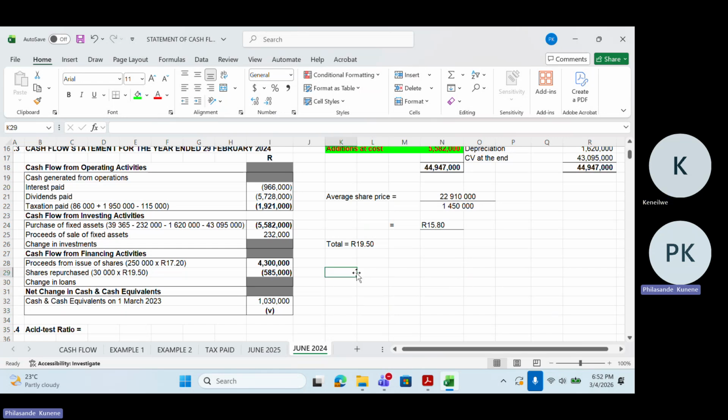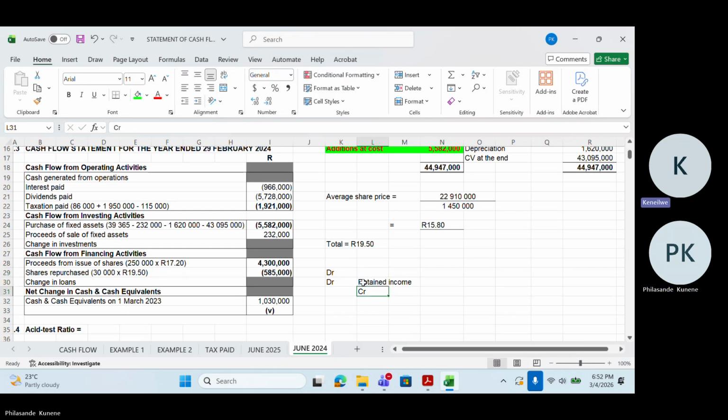What did we say on that one? What are we debiting? What are we crediting there? Debiting retained income, yes.